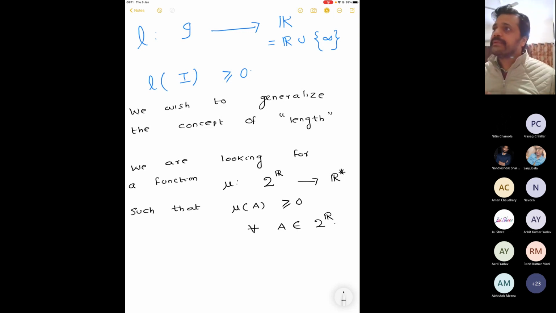As I told you, the properties of length and the problem that we are looking at will tell you that mu cannot be defined as you like at any place. There may be some constraints. Mu should be defined like this only on set X. For instance, on an interval, it should be defined like length only.